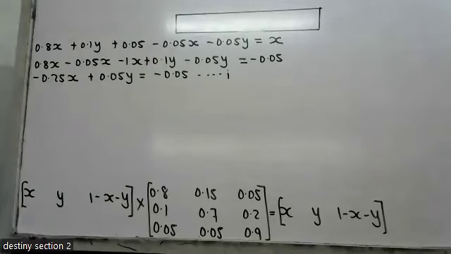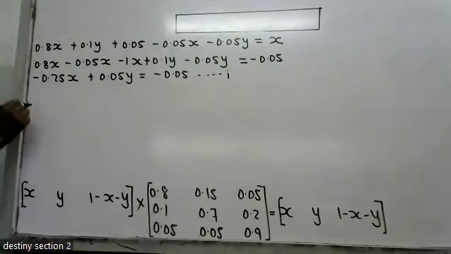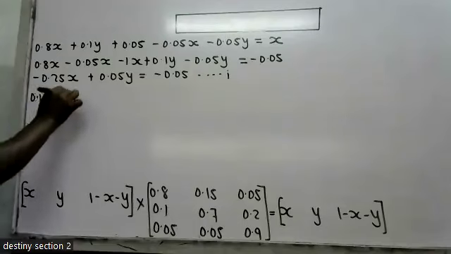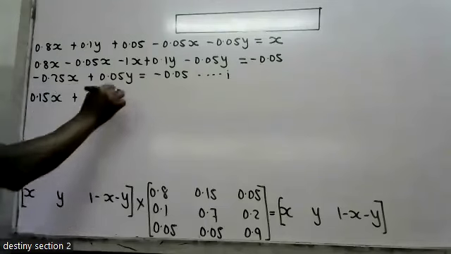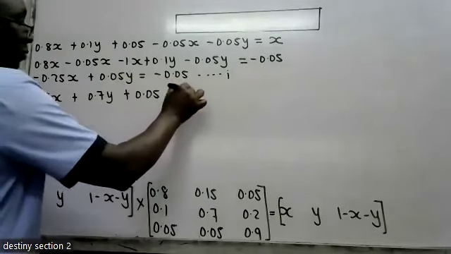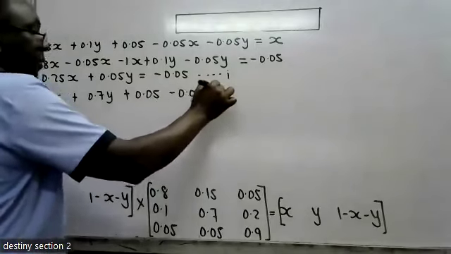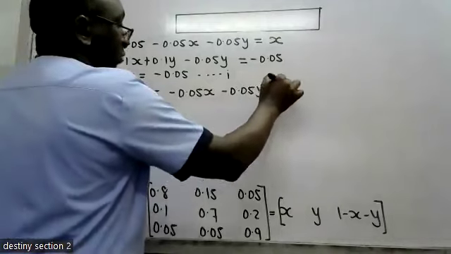From there, you take these ones, multiply here. So you get 0.15x plus 0.7y plus 0.05 minus 0.05x minus 0.05y is equal to y.